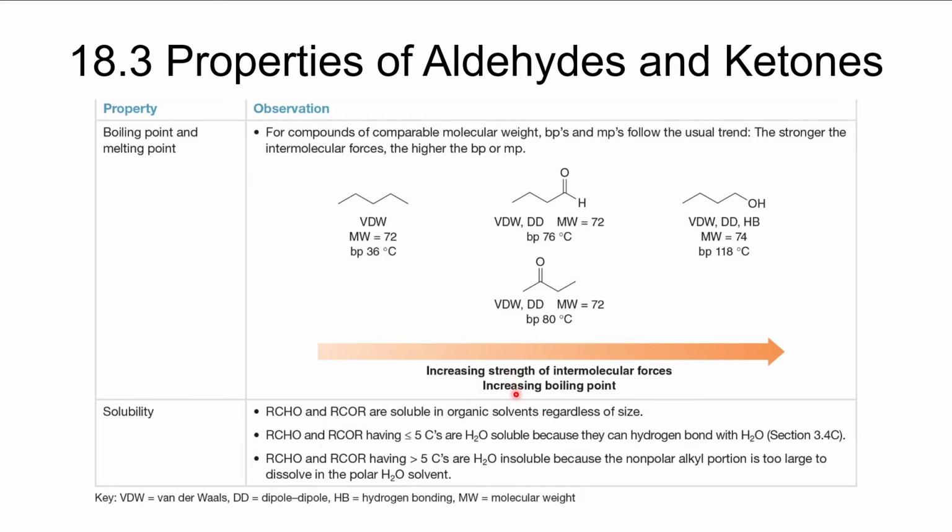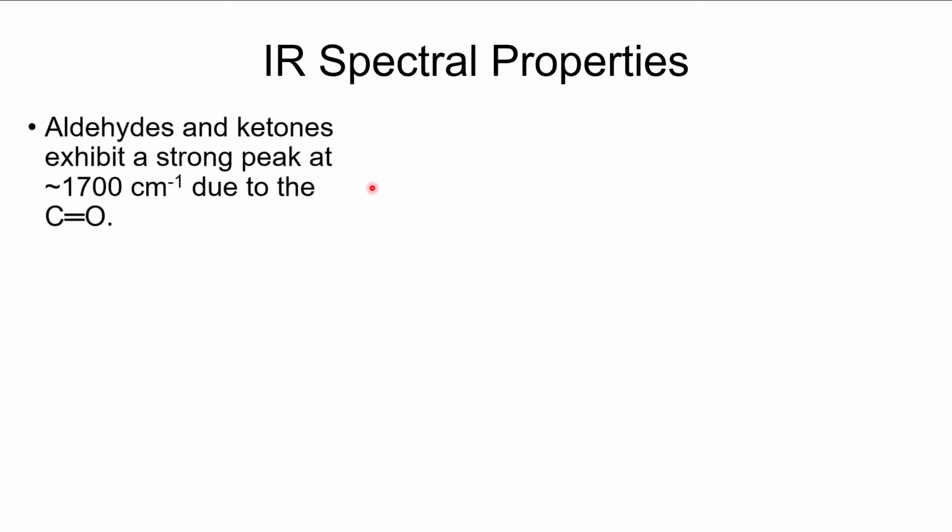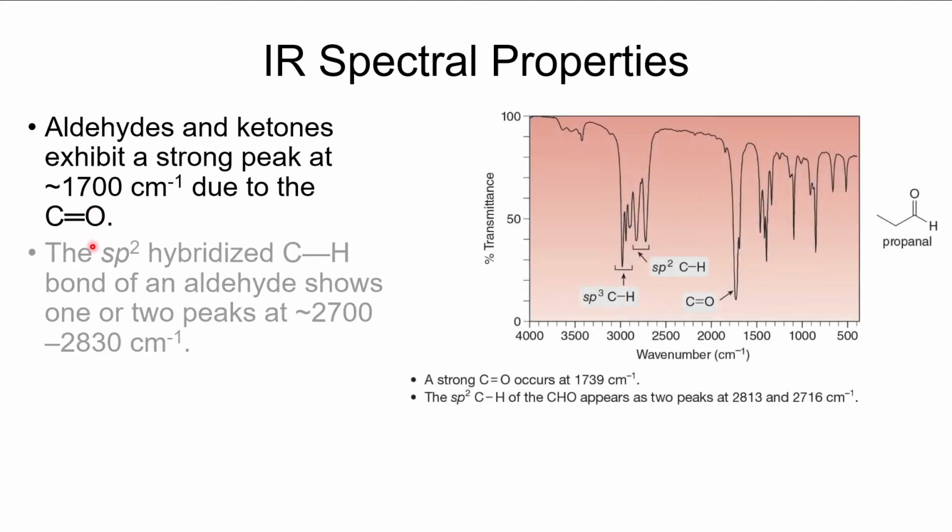All right, so let's go on to the next page where we're going to look at IR spectral properties. So when it comes to the IR, aldehydes and ketones both have the strong carbonyl peak at about 1700, although they're at slightly different positions. And I'll show that to you here.